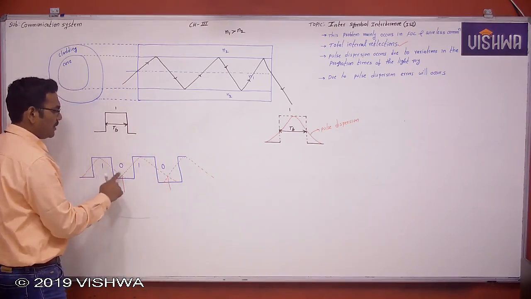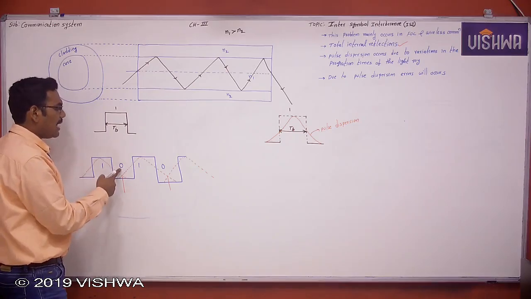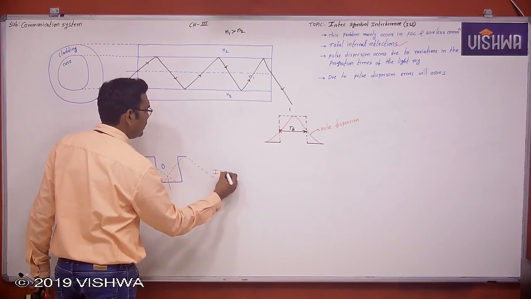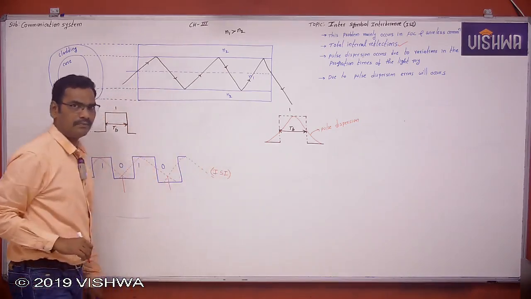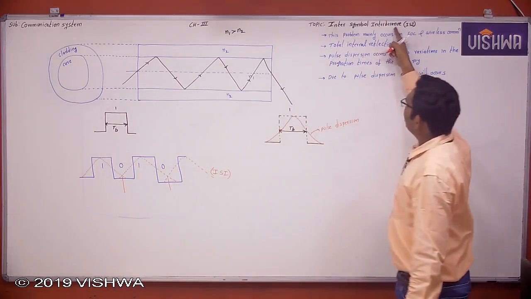Now due to this pulse dispersion, one binary symbol interfering with another binary symbol is called inter-symbol interference.